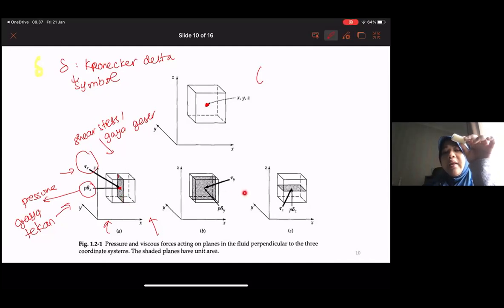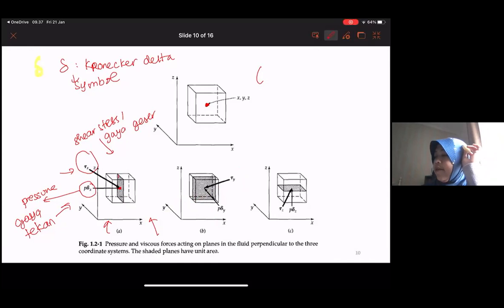And then if we consider the area perpendicular to y, pointing in this direction, it will also get the pressure and also the shear stress, or the viscous force.